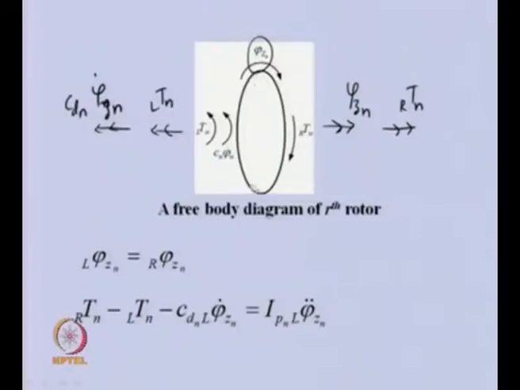Because this particular disc is very thin, you can see that either end of this disc will have the same angular displacement. So this is the left of the nth disc and this is the right of the nth disc displacement. They are the same because this is a thin disc. Apart from this, if we take the torque balance, you can see this particular torque is in the positive direction.